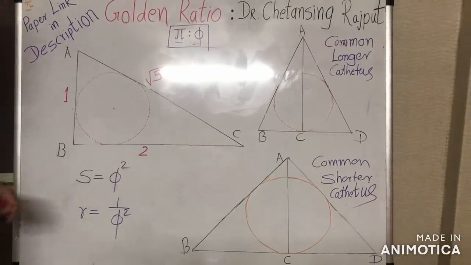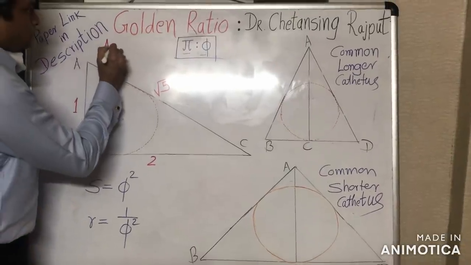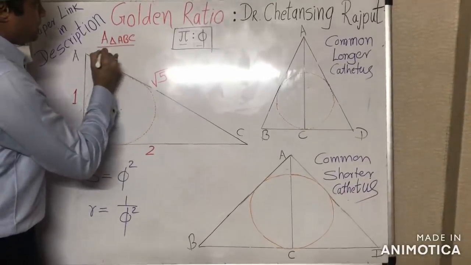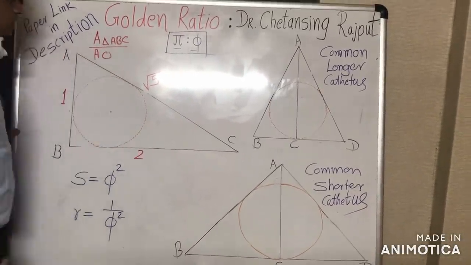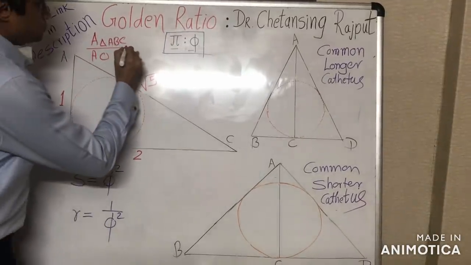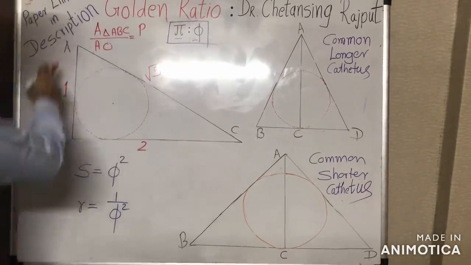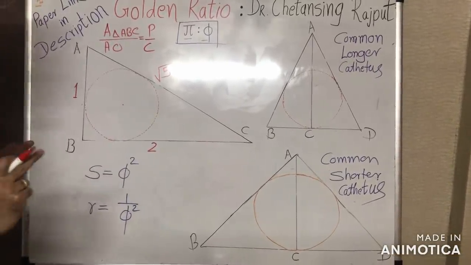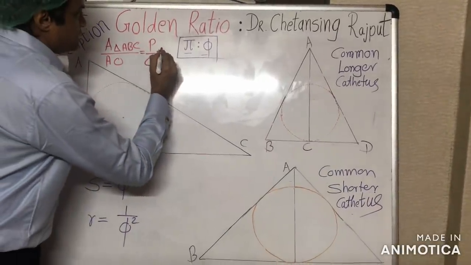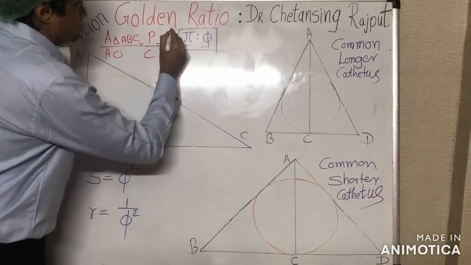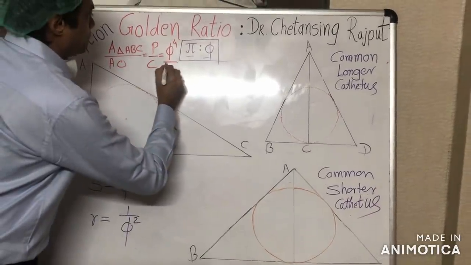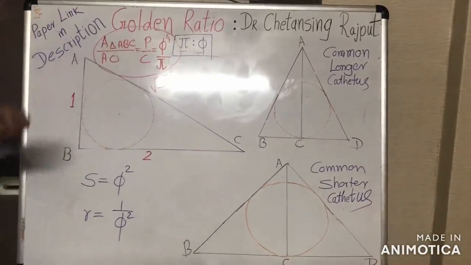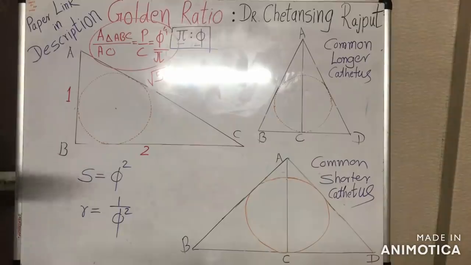Here it is observed that the area of this triangle ABC upon the area of its incircle is equal to the perimeter of this triangle upon the circumference of the incircle, and it is precisely equal to the 4th power of golden ratio upon pi. See this beautiful equation. It is precise up to infinite decimal places.